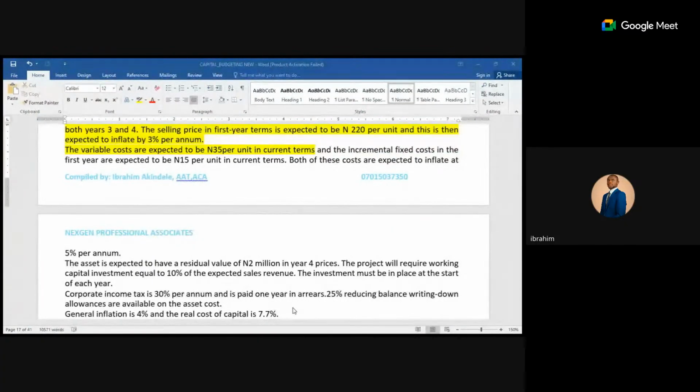Then if you have that cost all through, you have to inflate it. It does not vary with what you are producing. It's the price. It does not vary at all.